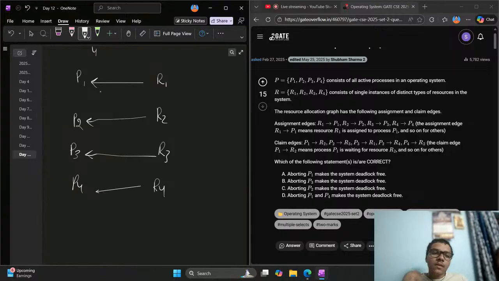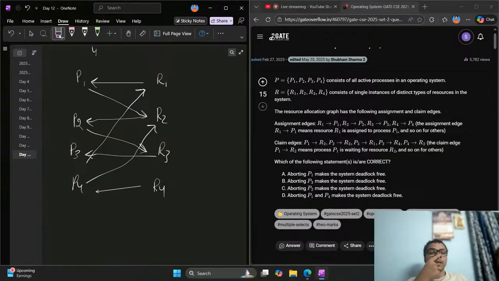And P1 to R2, P2 to R3, P3 to R1, P4 to R2. Okay, we missed this edge, and if you delete P1, the resource is to P1, so this edge will be deleted.